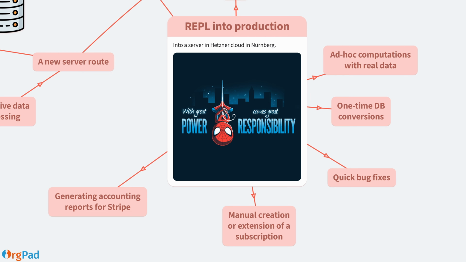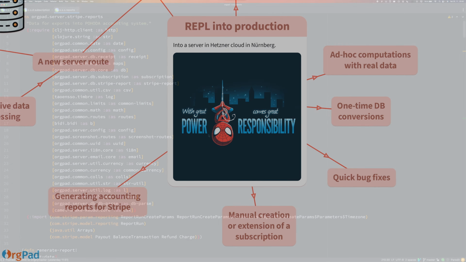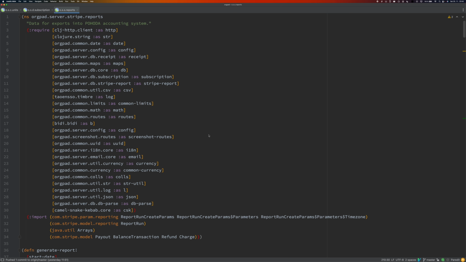So instead I decided to take the real data, and I created this entire namespace while I was connected to our production REPL, reloading it there and testing it directly.